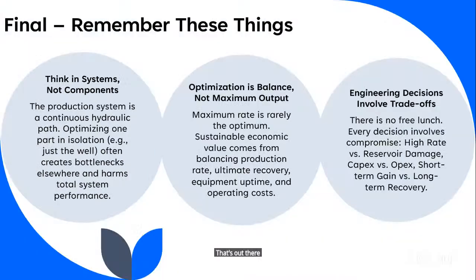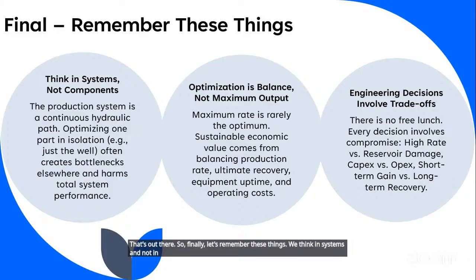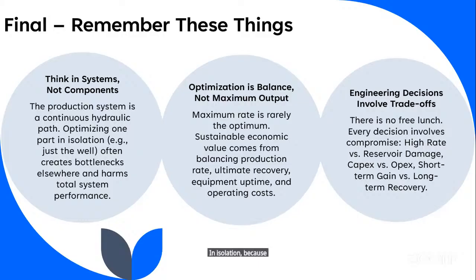So finally, let's remember these things. We think in systems and not in components. So in production, if you must optimize production operations, you think in systems and not components. You're not thinking in isolation, because nothing is in isolation.